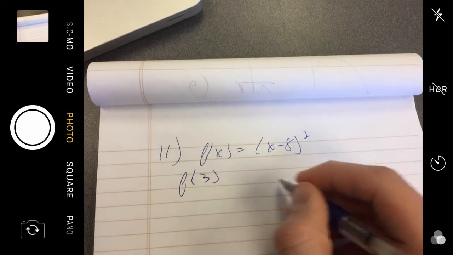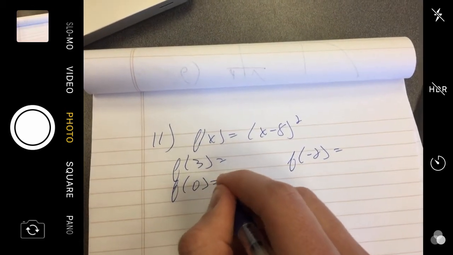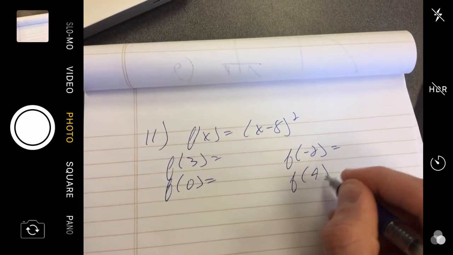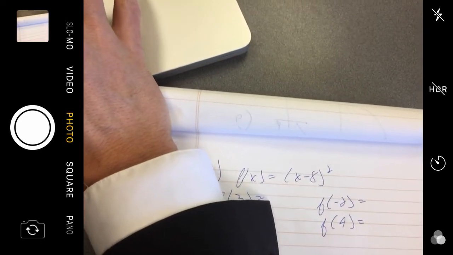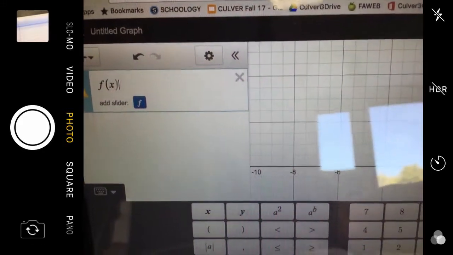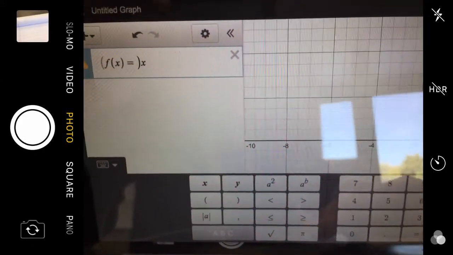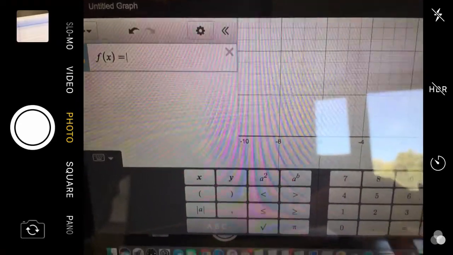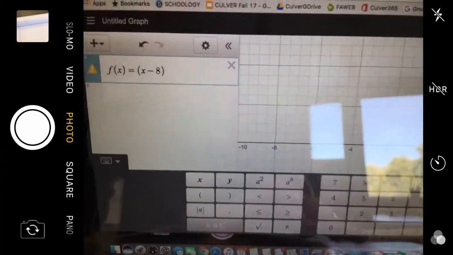Okay, f of 3, f of -2, f of 0, f of 4. I'm just going to go type it in Desmos just like it looks. And you do need to include f of x. Okay, f of x equals x minus 8 to the 2.